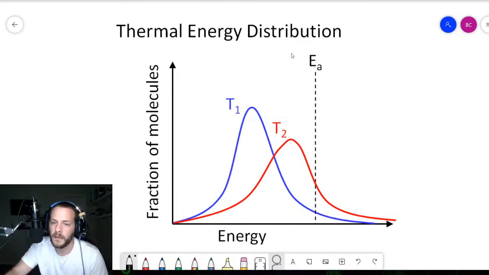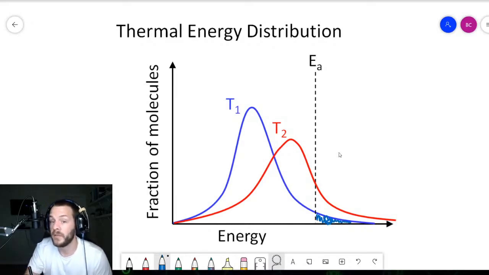And so over here, this dotted line represents the activation energy. And as we were talking about earlier, a higher temperature results in a larger fraction of molecules that can successfully overcome the activation barrier. So if I look at T1, let's say, that's the blue curve, and I look at the area under the curve to the right of the activation barrier, well, that's a pretty small fraction.